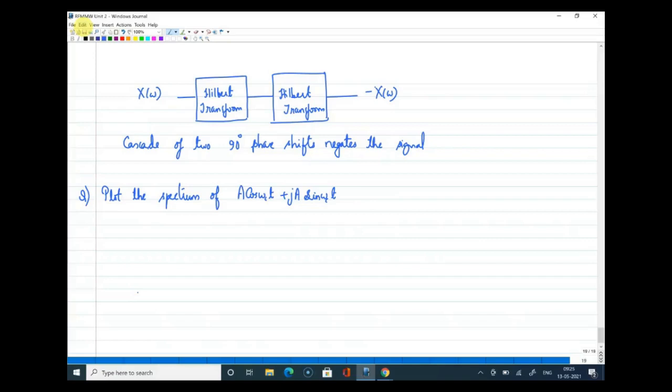Any response for this? Any answers? What will be the resultant if this is omega, this is imaginary, and this is real?